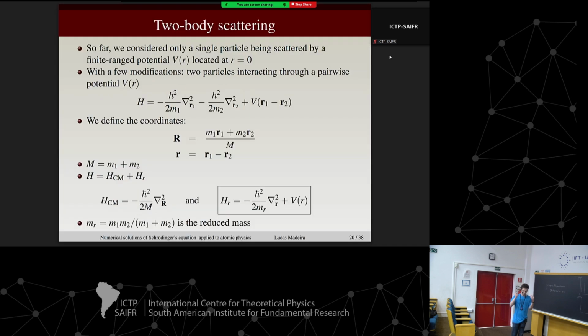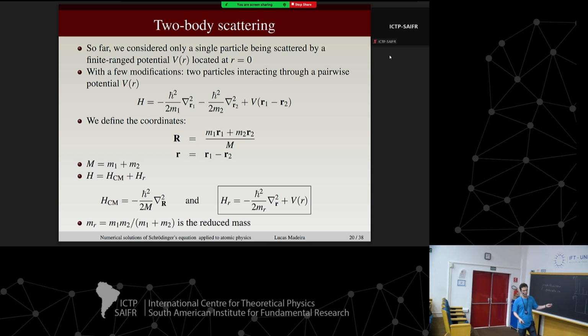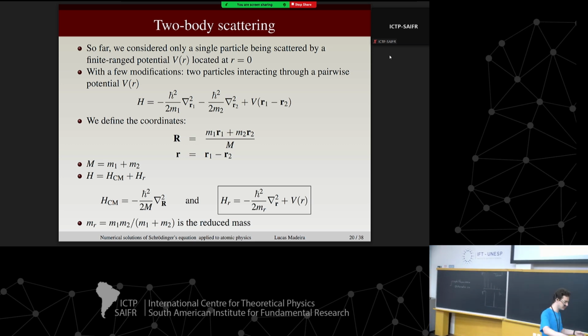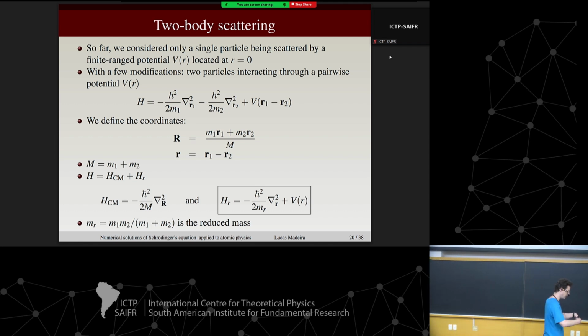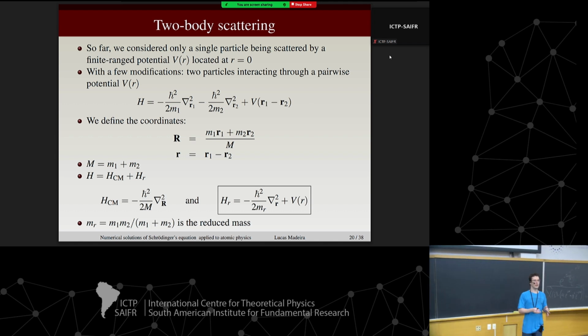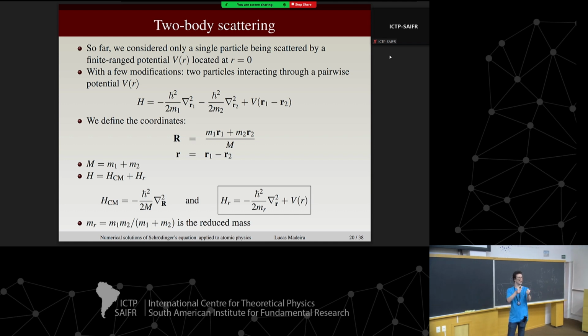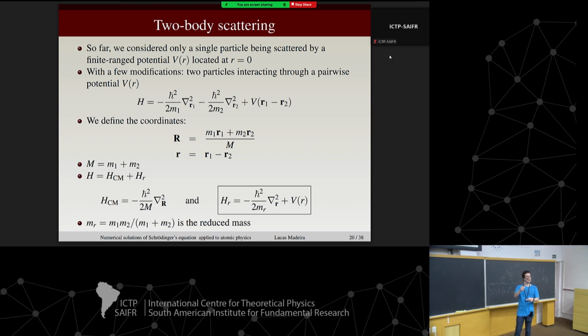All right. So far, I only talked about one particle coming from infinity and going through the origin, being scattered, and then it moves away. But the problem that we're interested in most of the time is that I have two particles, okay? They are going to interact through a two-body potential, and I want to describe scattering in this scenario.